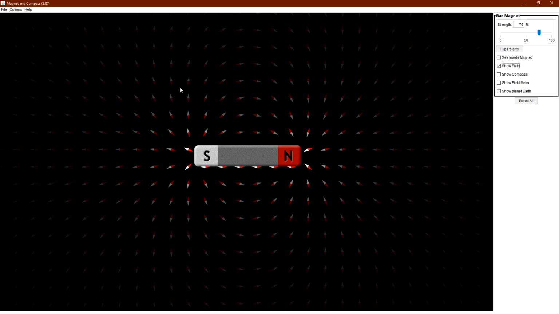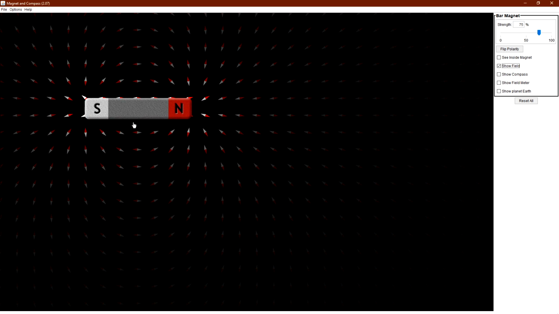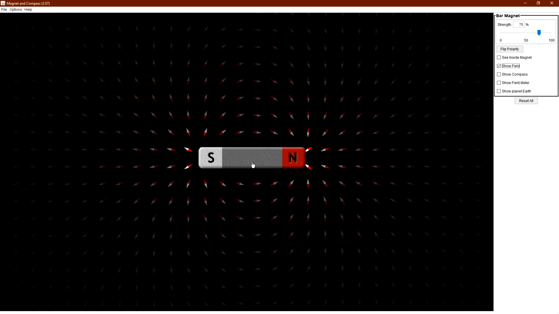You see, in every region we have different directions for the compass. And look at here. When I change a magnet, the compasses are changed. This bright side of a compass means that we have some strong force compared to this region.